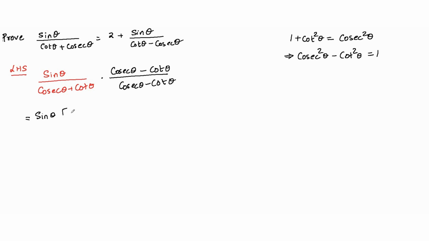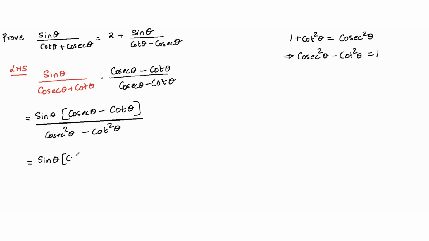So this term becomes sine theta into cosec theta minus cot theta, the whole divided by a plus b into a minus b, which is going to be a square, that is cosec square theta minus cot square theta, and cosec square theta minus cot square theta is 1. So this becomes sine theta times cosec theta minus cot theta. So let me open up the brackets.